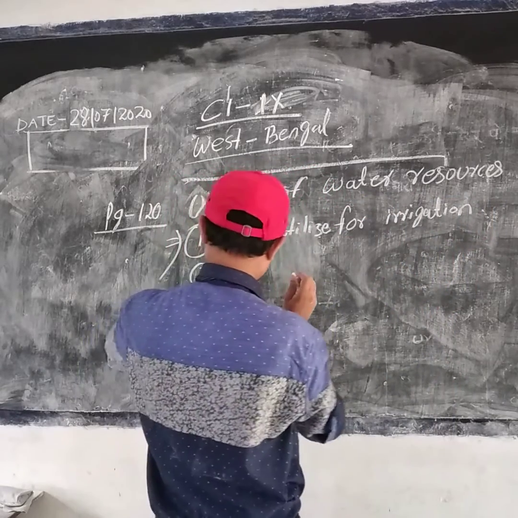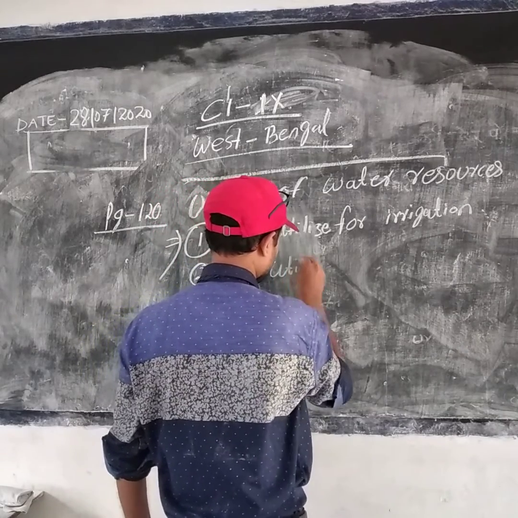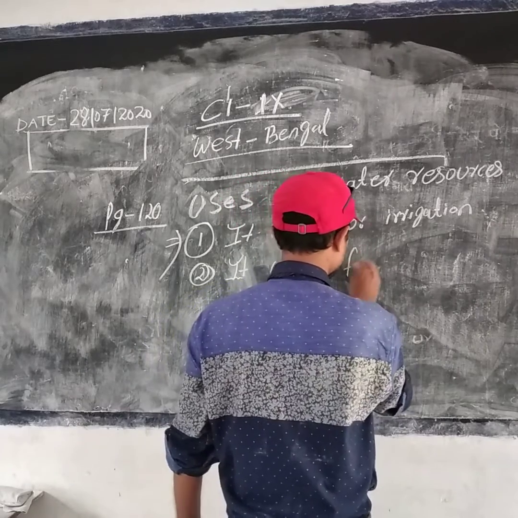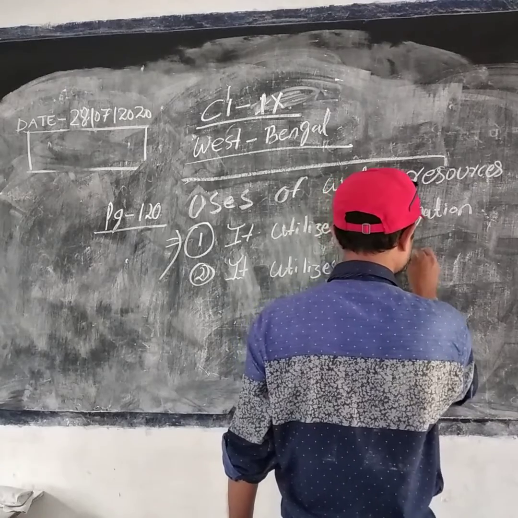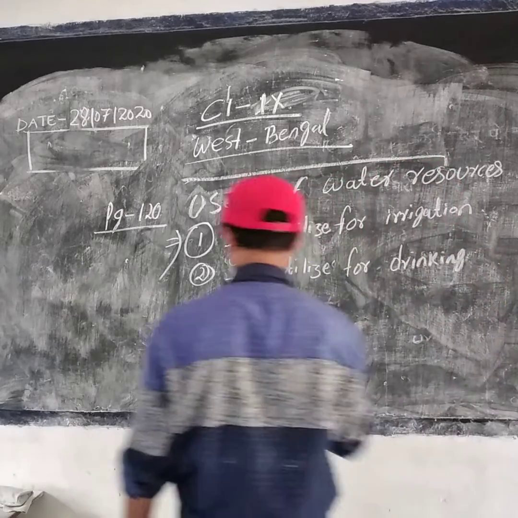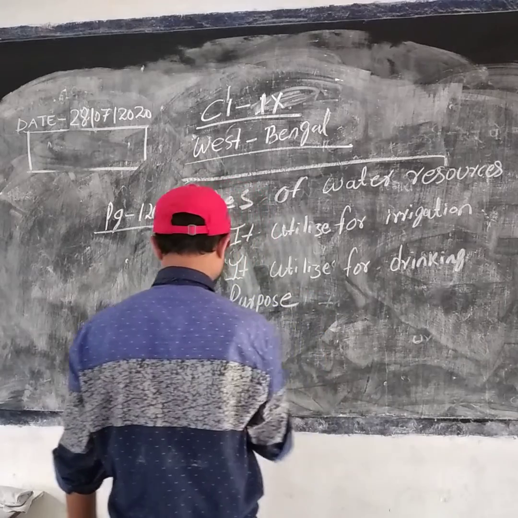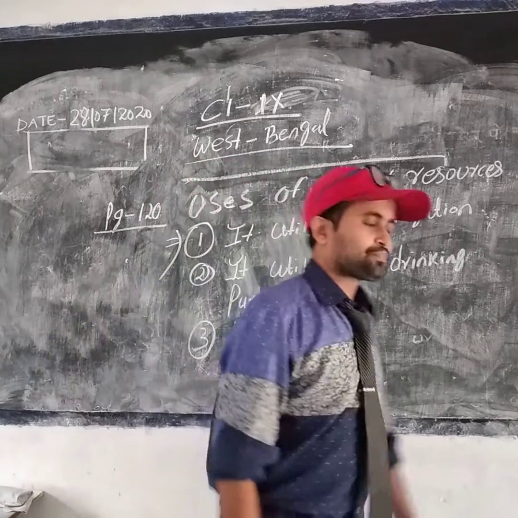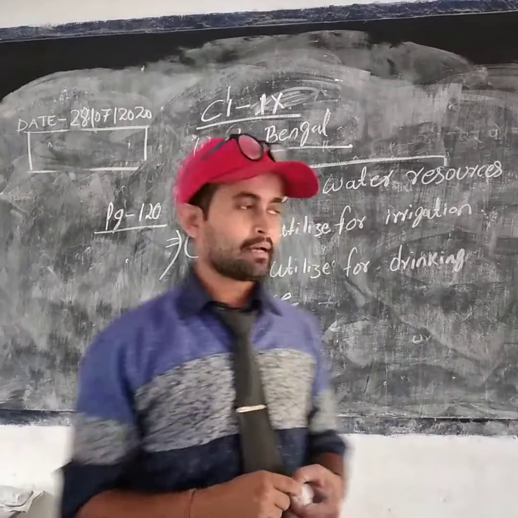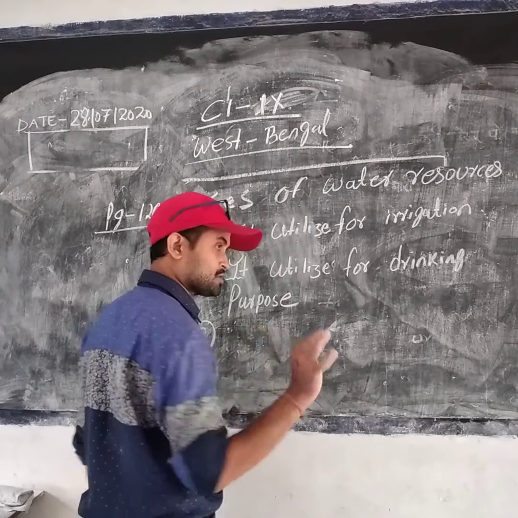It is utilized for drinking purpose. Number 3, the big rivers like Damodar and Hooghly, their water is also utilized for production of electricity.